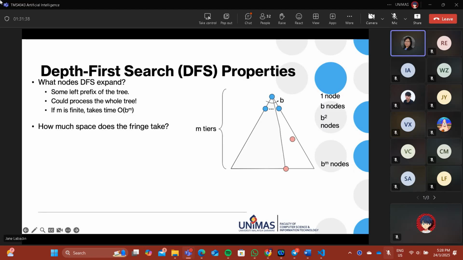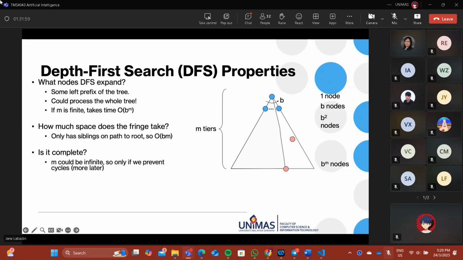So how much space does the fringe take? It's a lot. It has siblings to pass, so it depends on how many branches you have for each sibling. Is it complete? If M is infinite, then maybe not.